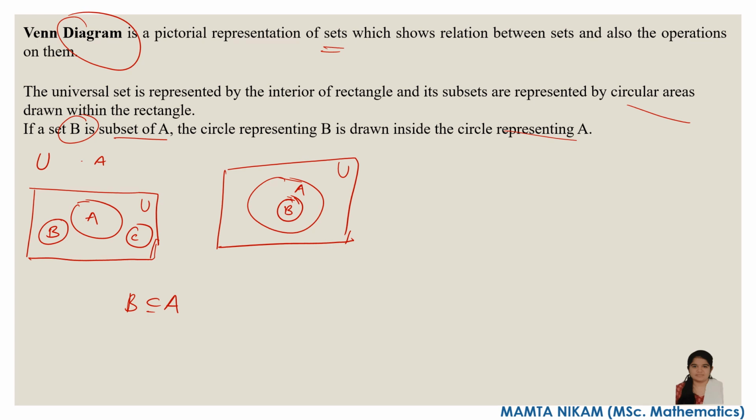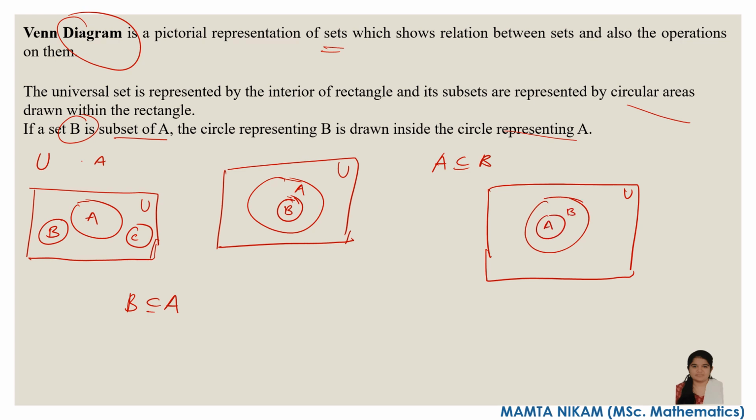The vice versa case: suppose A is a subset of B. Then inside the universal set, there will be the set B and A will be its subset. It is not always necessary to represent the universal set. If it is not represented, that is also okay; you can just represent set A and set B. But until we understand it properly, we will consider the universal set also.